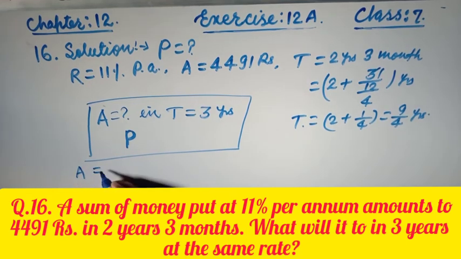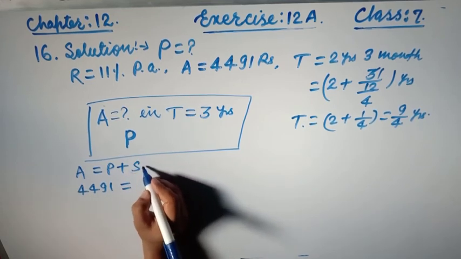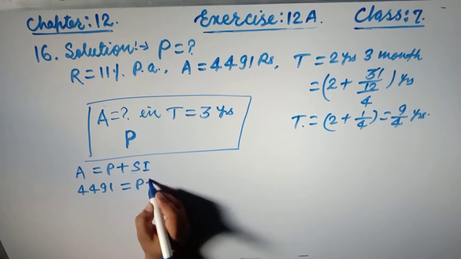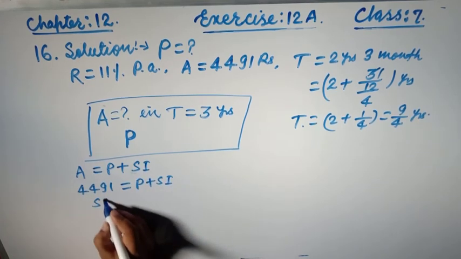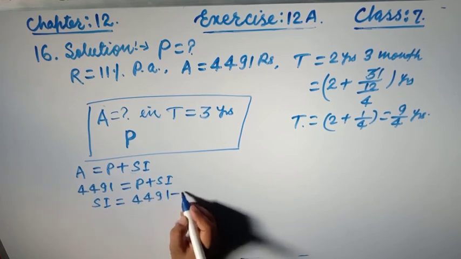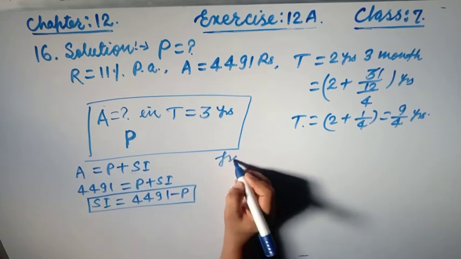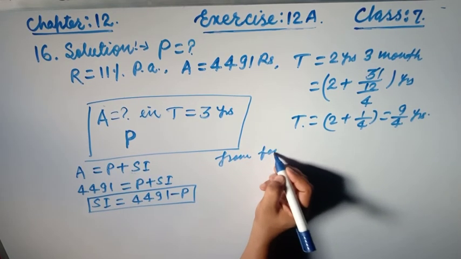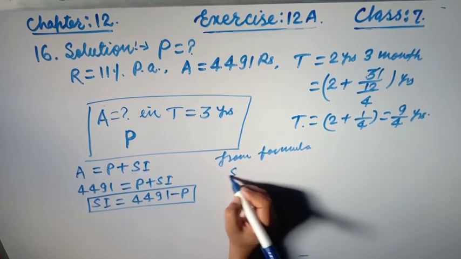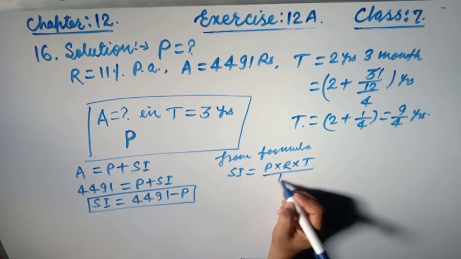Now we apply A is equal to P plus SI. A is given, friends: 4,491 is equal to P plus SI. Now SI is equal to 4,491 minus P. Now the formula, friends: SI is equal to P into R into T divided by 100.